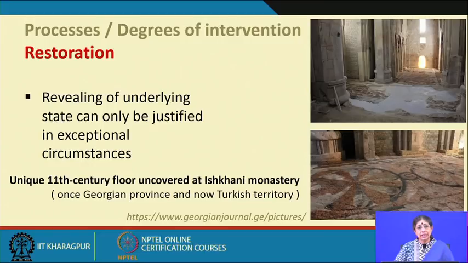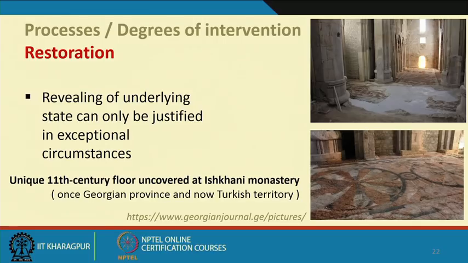In such cases one can remove the later addition to find or to display something which is more important historically. So, this is the basic method or principle of the restoration process.